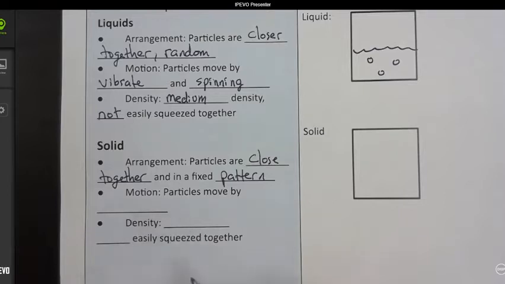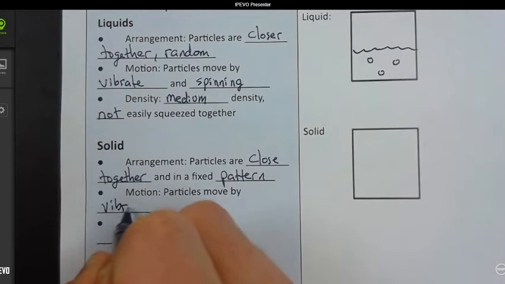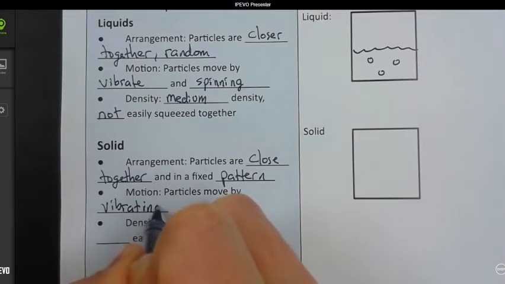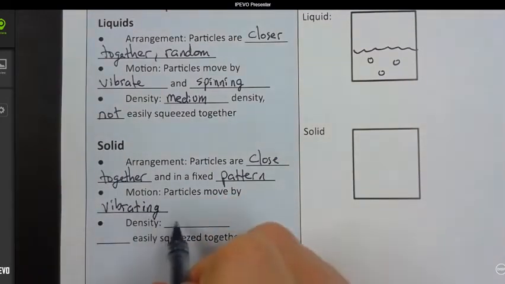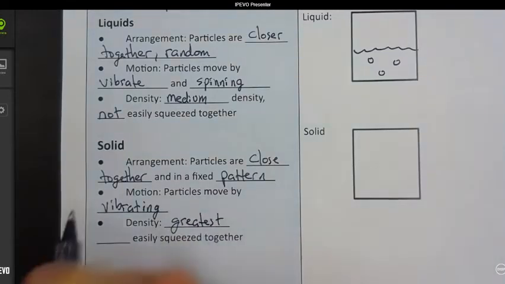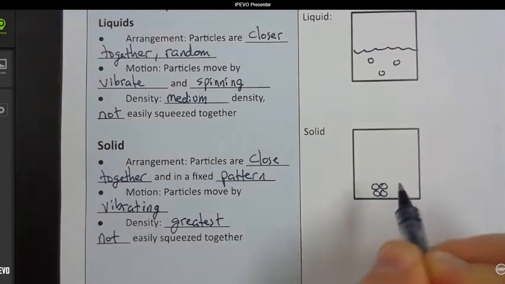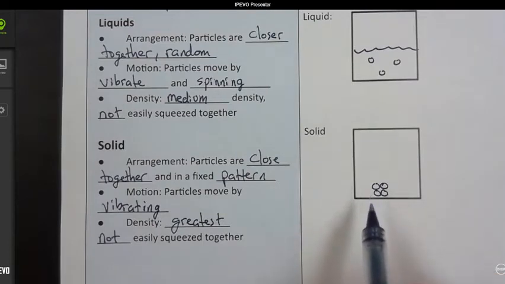For solids, they still do have some mobility and they move just by vibrating. They have the greatest density, and again, they're not easily squeezed together because the particles are so closely patterned and packed together that there's not a lot of room to push those solid particles even closer together.